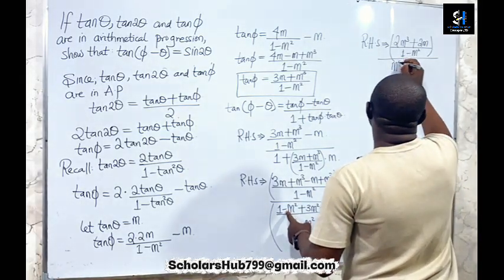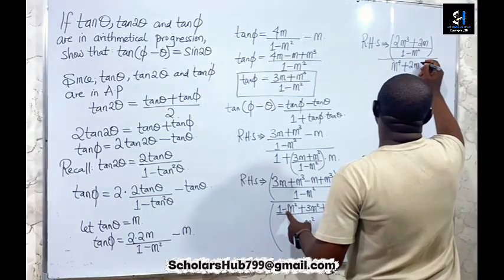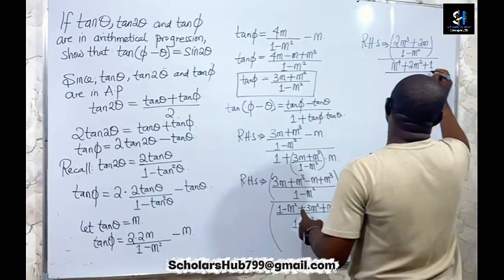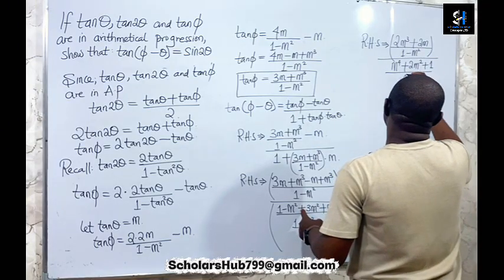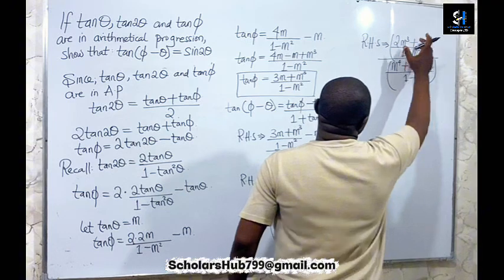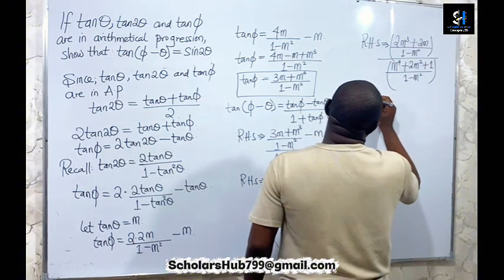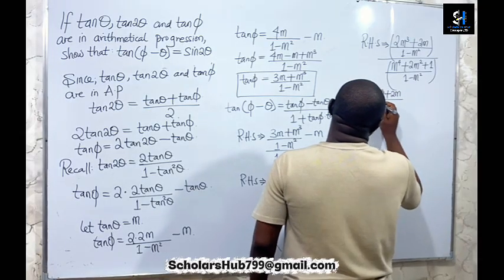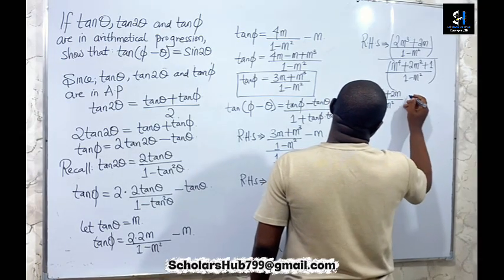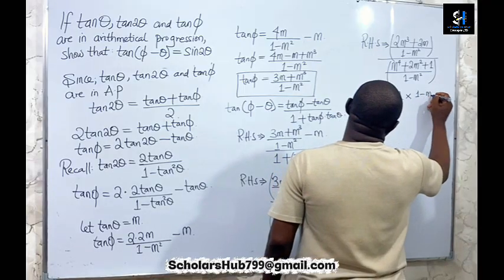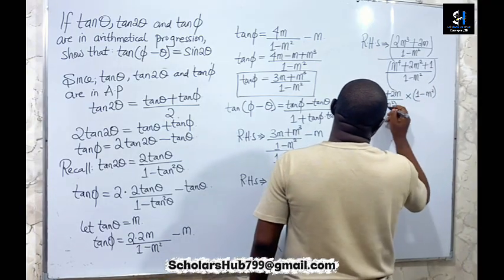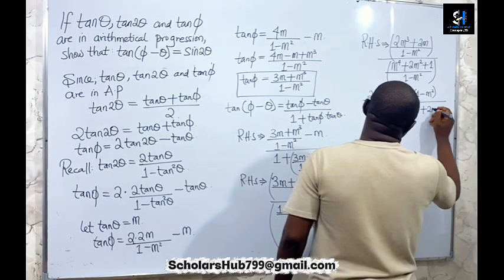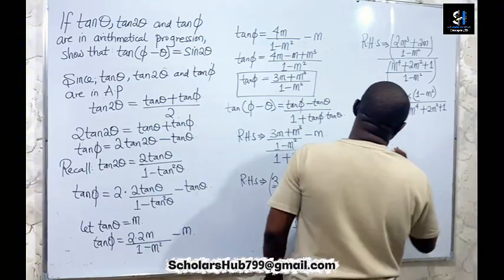So this will be m raised to the power of 4 plus 2m squared plus 1, divided by 1 minus m squared. So if we divide the numerator and denominator, we're going to have 2m cubed plus 2m divided by 1 minus m squared, then multiply by 1 minus m squared, all over m raised to the 4th plus 2m squared plus 1.